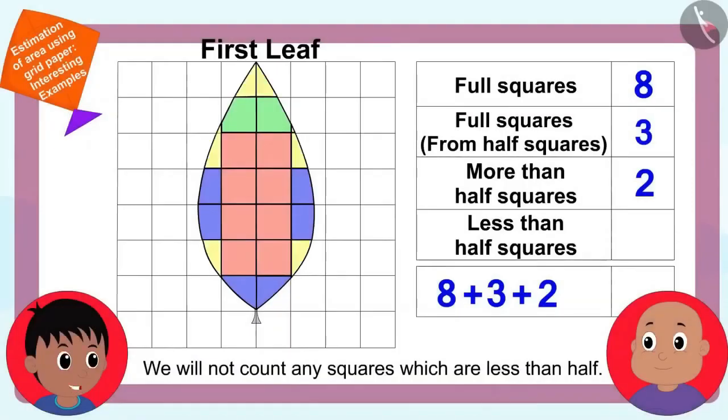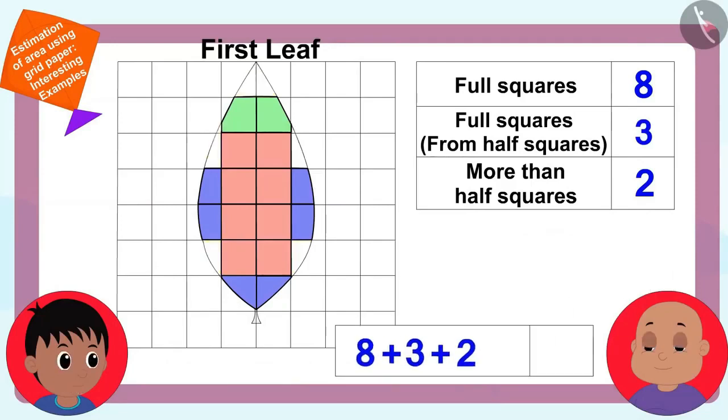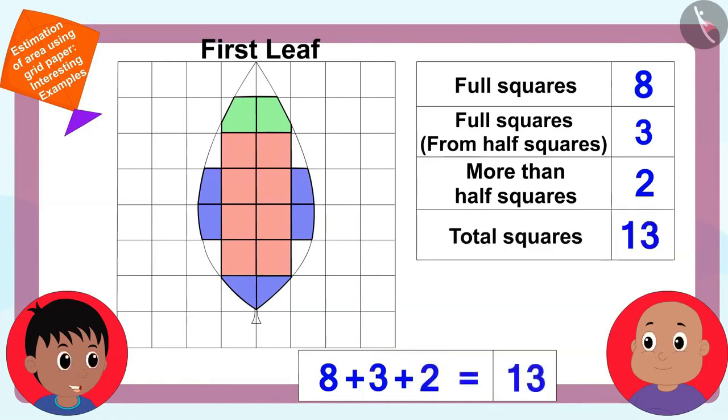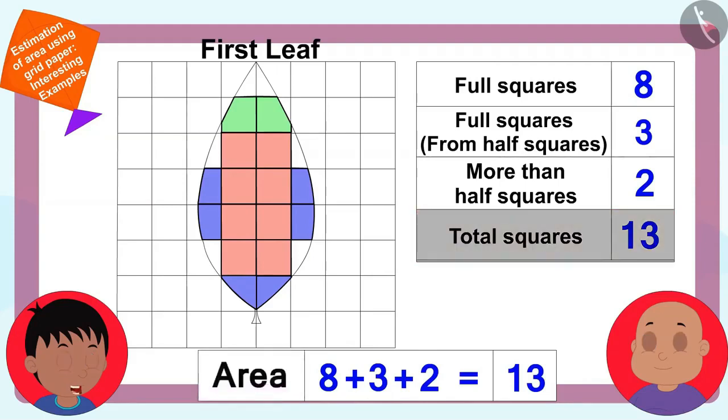We will not count any squares which are less than half. Now look, Bablu, the area of the first leaf has a total of 8 plus 3 plus 2, or 13 squares. In other words, there are 13 squares in the area of the first leaf.